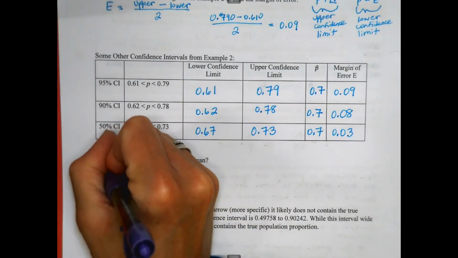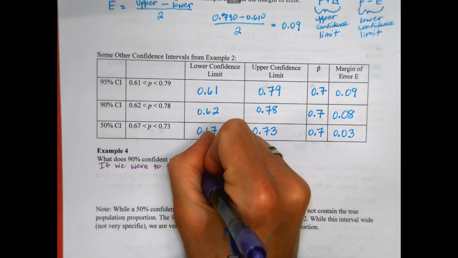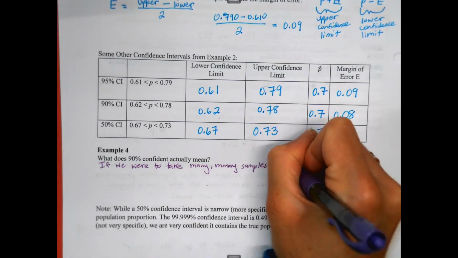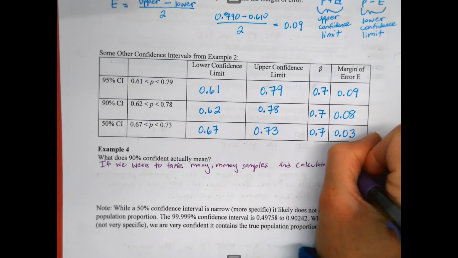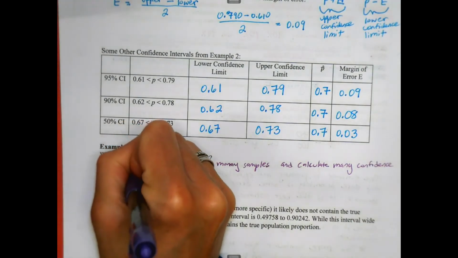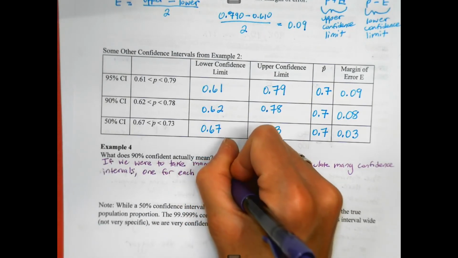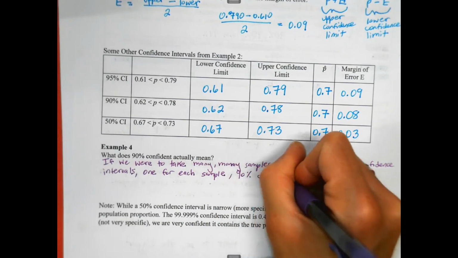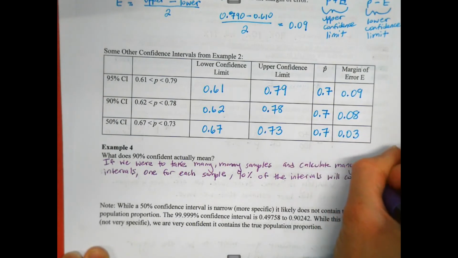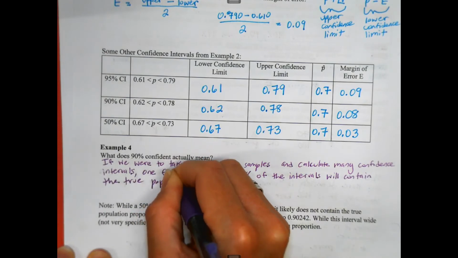I'm going to write that down. So if we were to take many samples and calculate many confidence intervals, one for each sample, 90% of the intervals will contain the true population proportion.